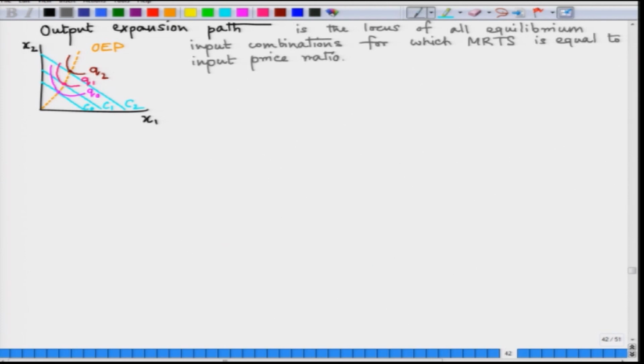So, now let us look at one simple example with this conventional form of Cobb-Douglas production function. How can we find expansion path for a Cobb-Douglas production function?